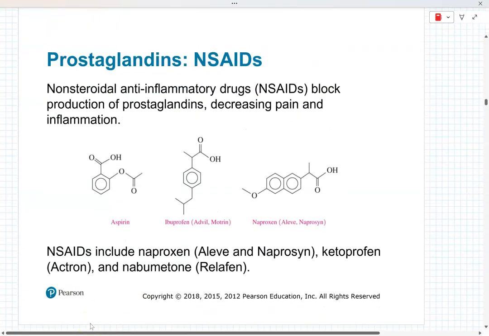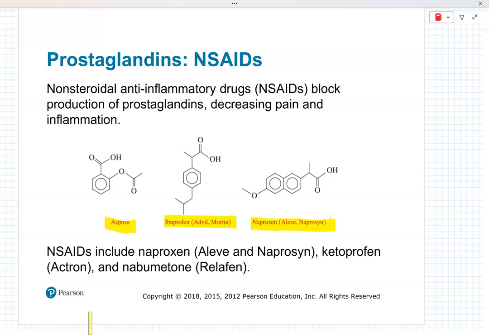So these are some non-steroidal anti-inflammatory drugs. There are two large categories, as you can imagine: steroids and these guys, NSAIDs. So there's aspirin, acetylsalicylic acid, ibuprofen, naproxen.